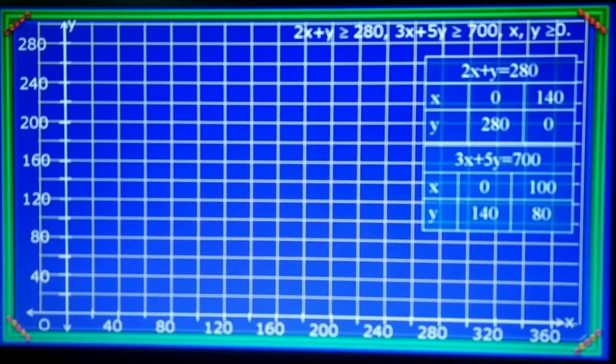Second equation corresponding to inequality 3x plus 5y is greater than or equal to 700 is 3x plus 5y is equal to 700. When x is equal to 0, y is equal to 140. When x is equal to 100, y is equal to 80.